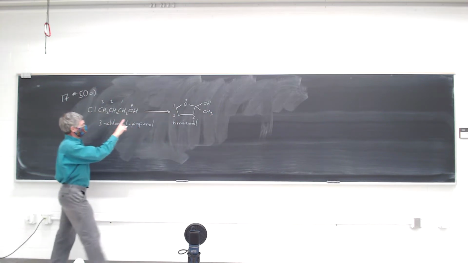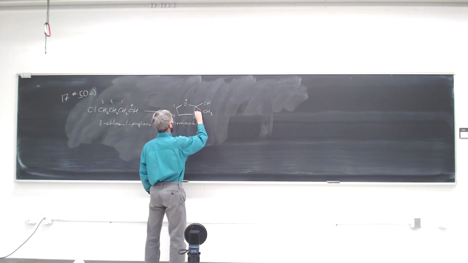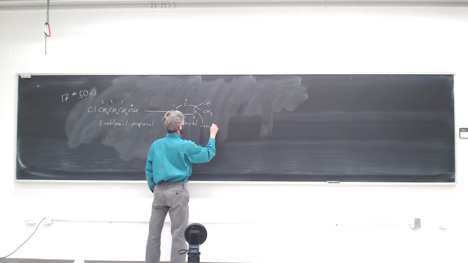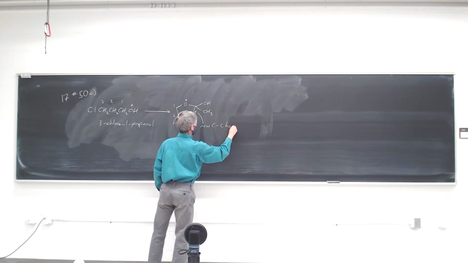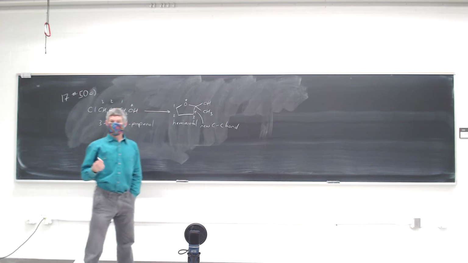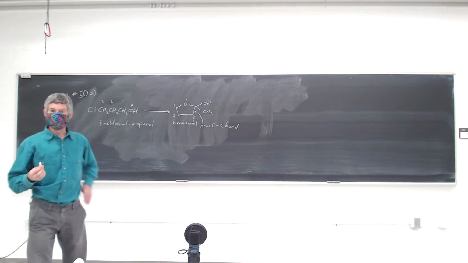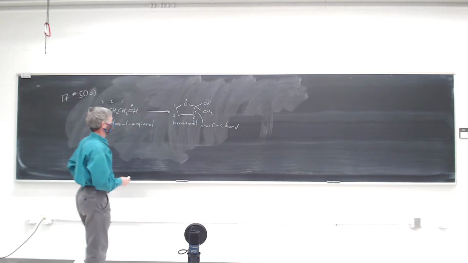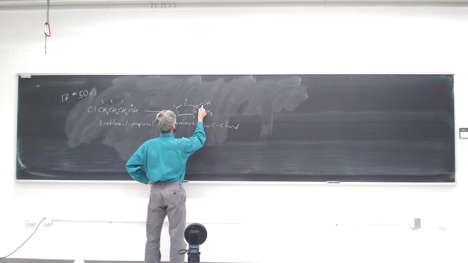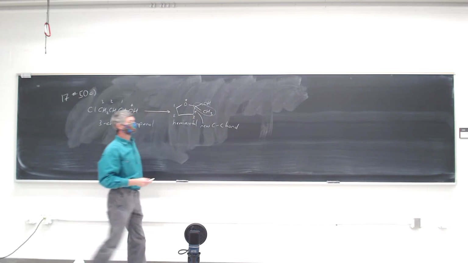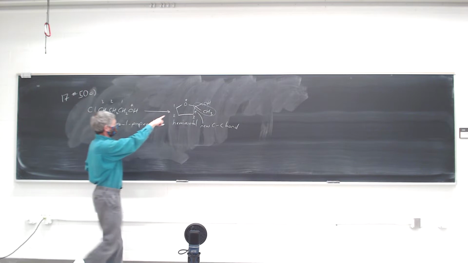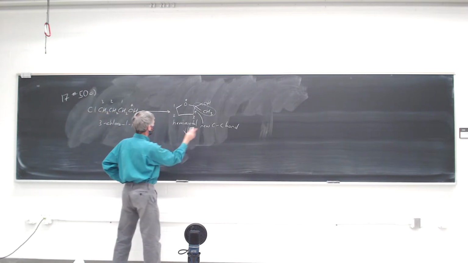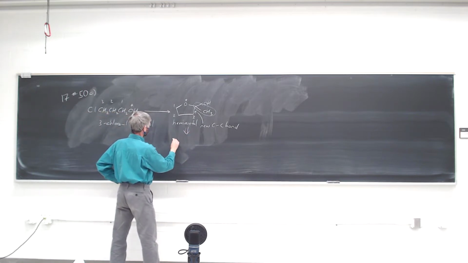So that means that this is the new CC bond. And identifying which is the right new CC bond is the first step to solving the problem. So we're going to be adding this piece. Working backwards, that hemiacetal came from the cyclization of the alcohol.